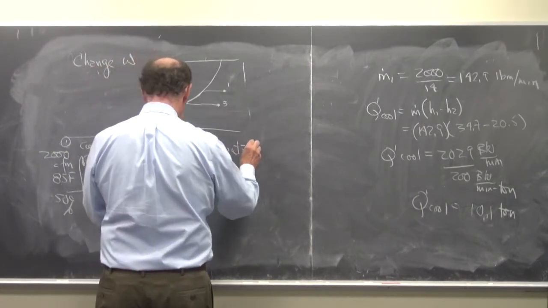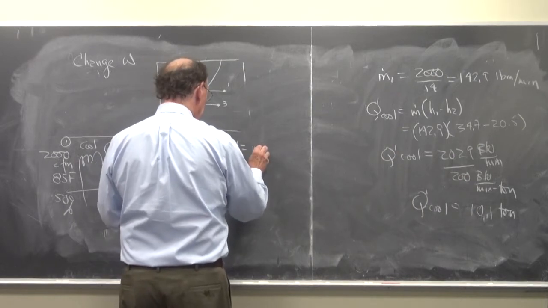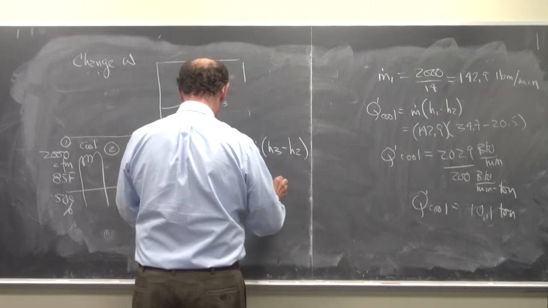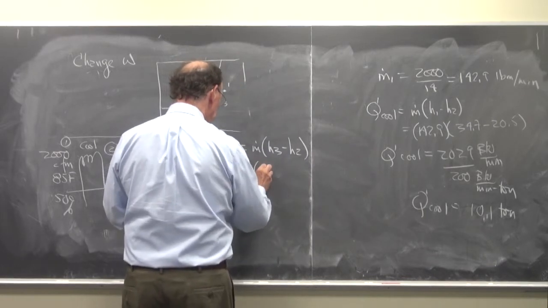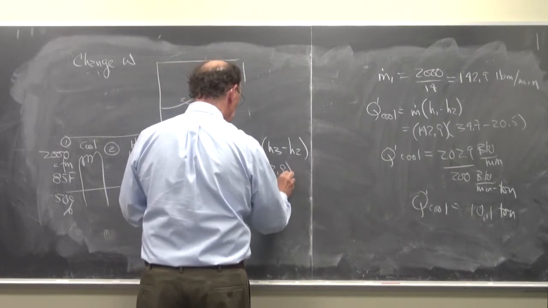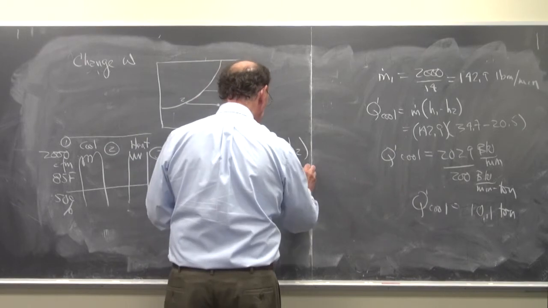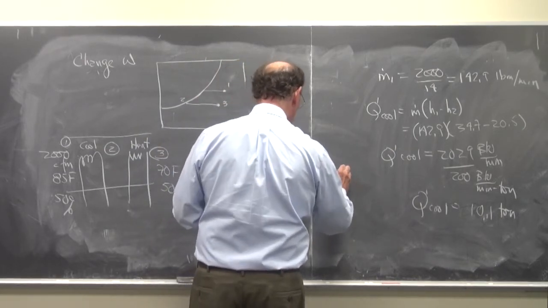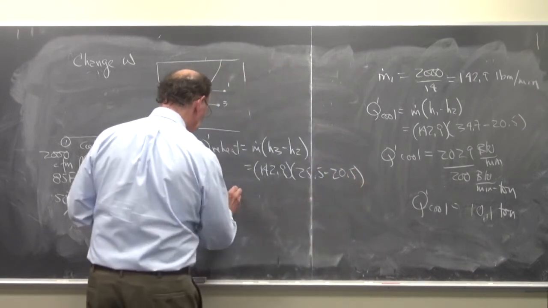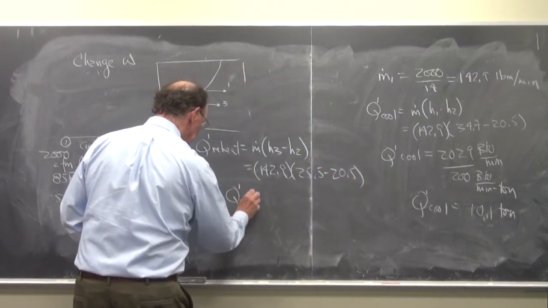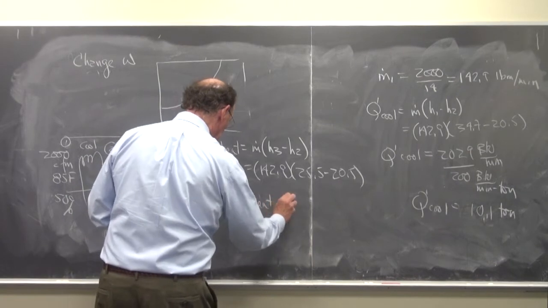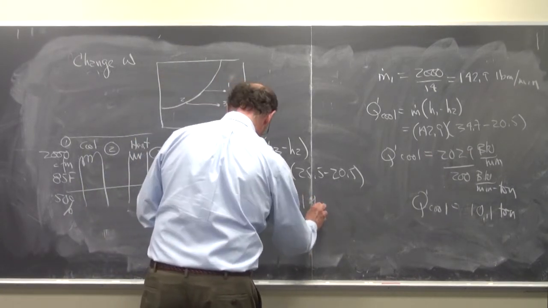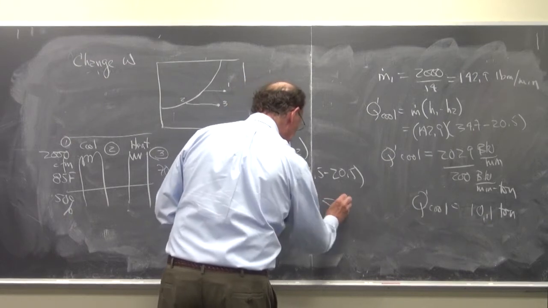Q dot reheat is equal to m dot times H3 minus H2, which is 142.9 times H3, 25.5, minus H2, 20.5. And so we have Q dot reheat equal to 714.5 BTUs per minute.